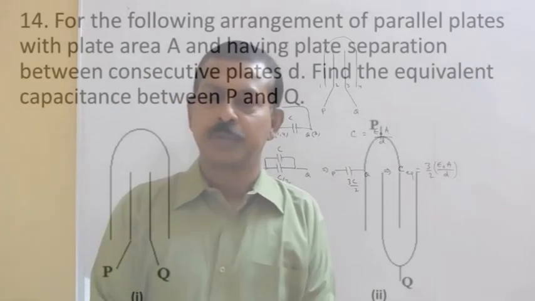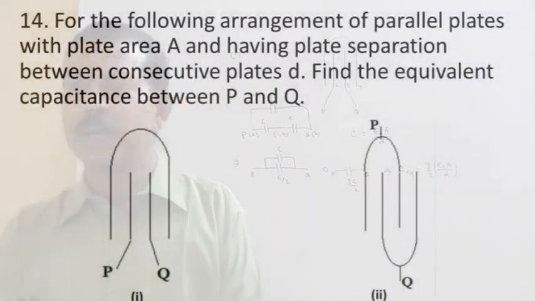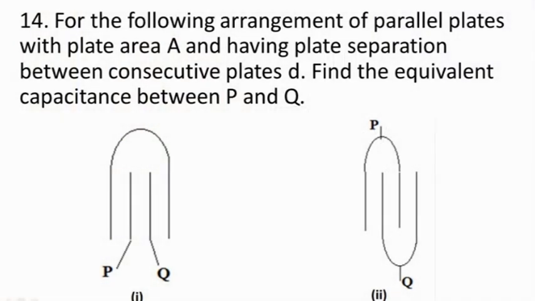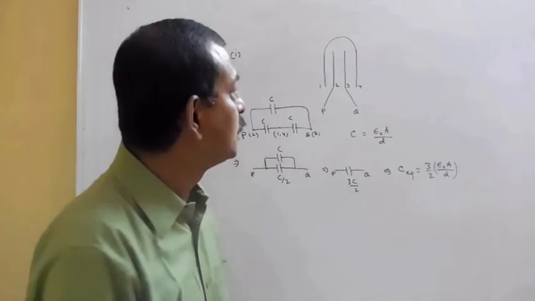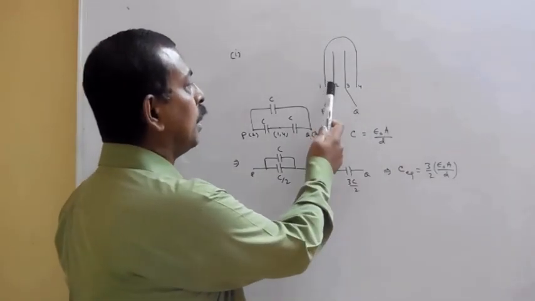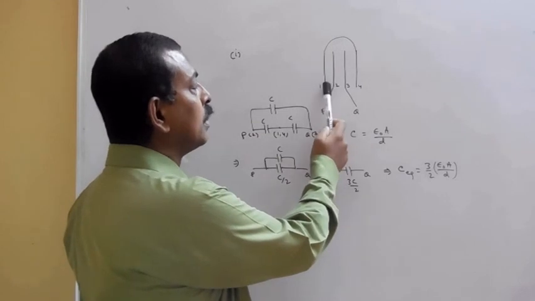Question number 14. For the following arrangement of parallel plates with plate area capital A and having plate separation between consecutive plates D, find the equivalent capacitance between P and Q. This is the arrangement. We have 4 plates.